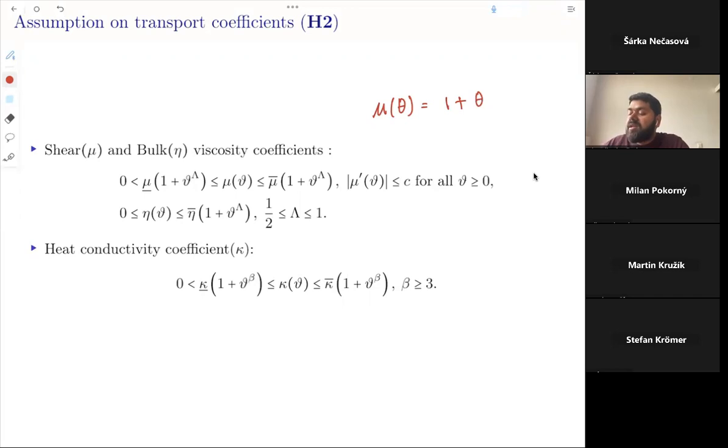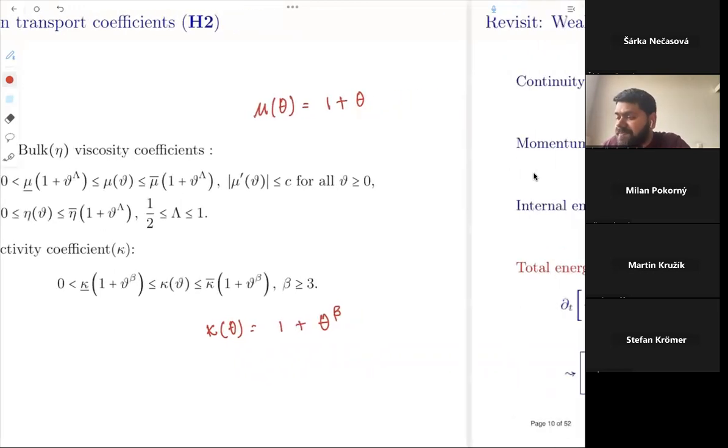So it basically satisfies all these hypotheses. For eta of theta, you can also consider the same thing. And the heat conductivity coefficient is somehow also similar. For the time being, one can just think of something like 1 plus theta to the power beta, where beta is large. And we will come back to this quantity, and depending on some extra hypotheses we need, we have our desired results on that.